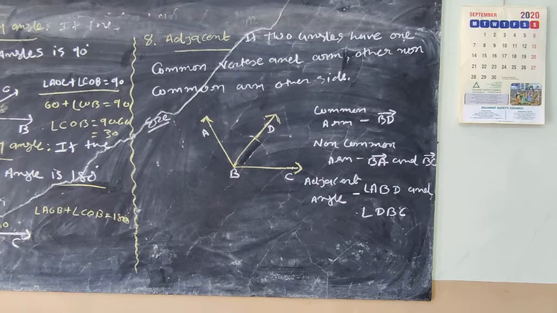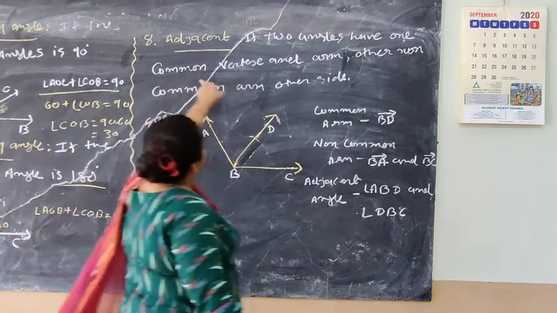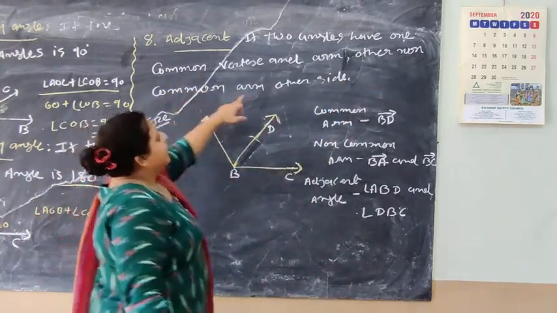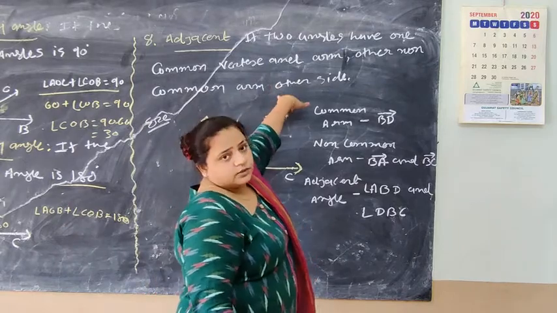If two angles have one common vertex and arm, again, two angles, that means any two angles you can choose, and another non-common arms on the other side.